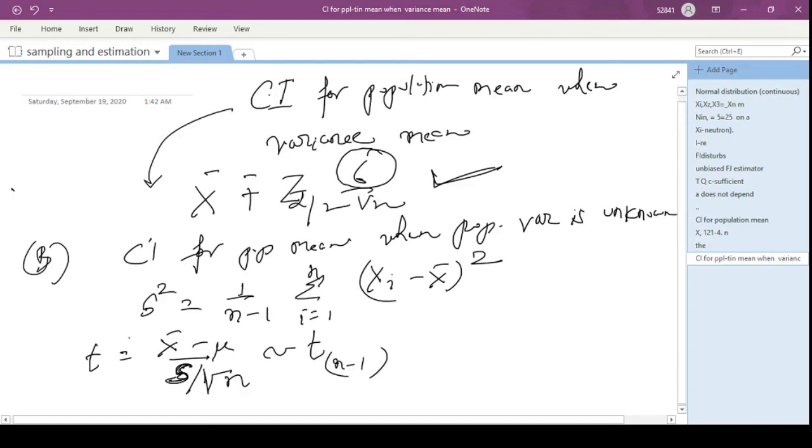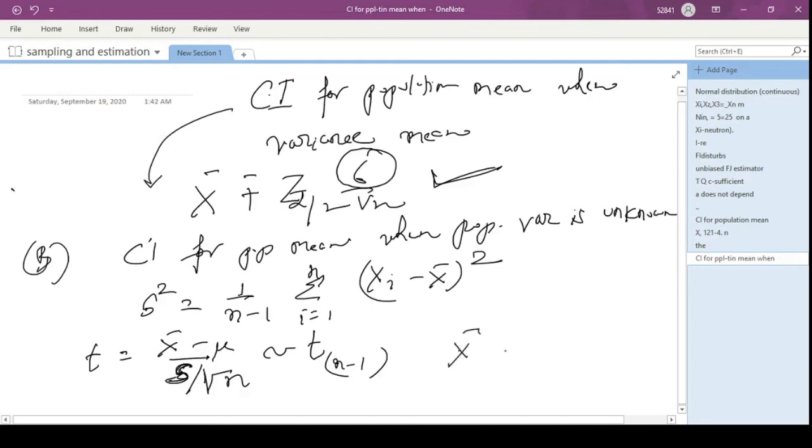And we know why it cannot be a normal distribution here. So it follows a t distribution, and you can find the critical value of t from the table. So the confidence interval in this case will not be with respect to z, it will be with respect to t.